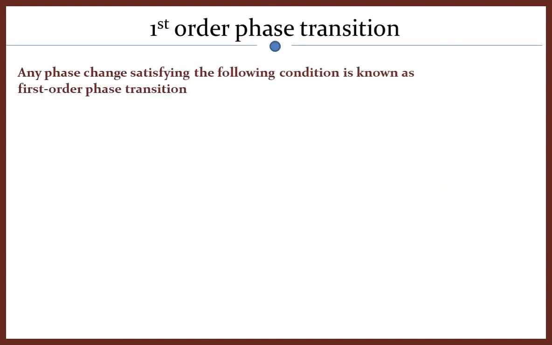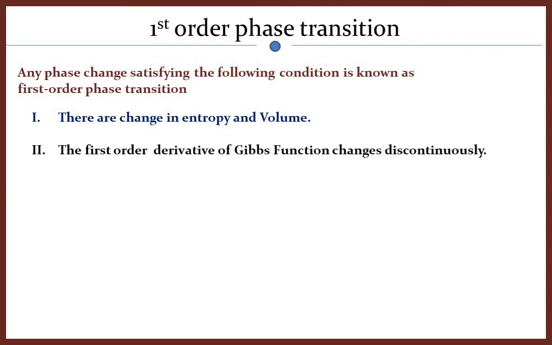Any phase transition which satisfies the following criteria, we can say that phase transition is a first order phase transition. And these criteria are: first, there is a change in entropy and volume. The second condition is that the first order derivative of the Gibbs function changes discontinuously. It means if you plot the curve for the first derivative of the Gibbs function, you will find a discontinuity at the point of phase transition.